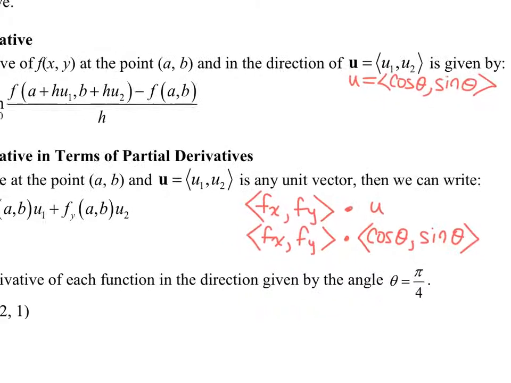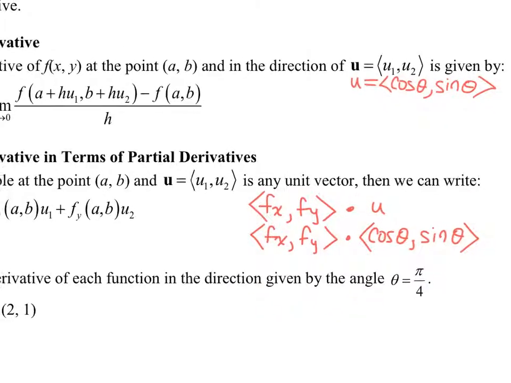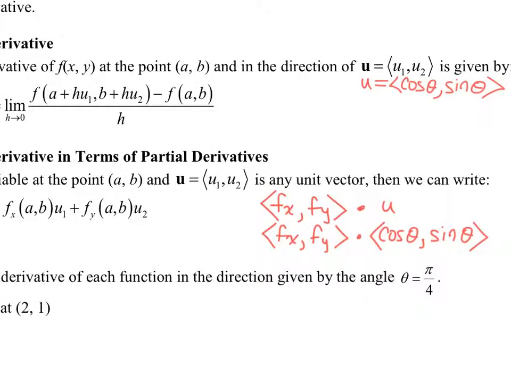All right, so that first line, that directional derivative, d sub u, is really what you would get if you just did the straight multiplication, leaving it in terms of u, because u is u sub 1, u sub 2. If you dot it, that's what you would get as a result.